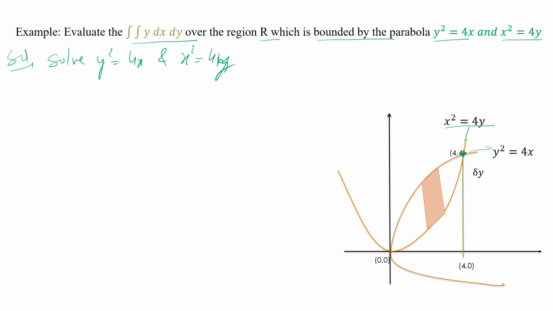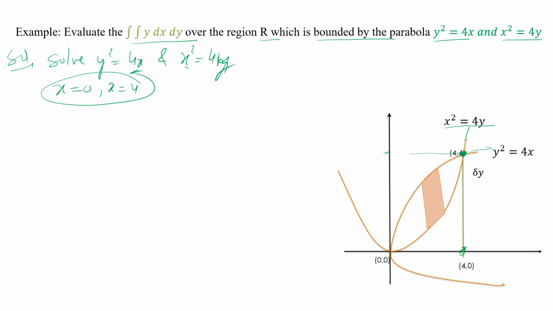So on solving, we get x is equal to, if we put x is equal to 2 root y, so we get x is equal to 0 and x equal to 4. So here x varies from 0 to 4, that's a point 4, and similarly y also we can say 0 to 4, and that's an intersecting point 4 and 4.